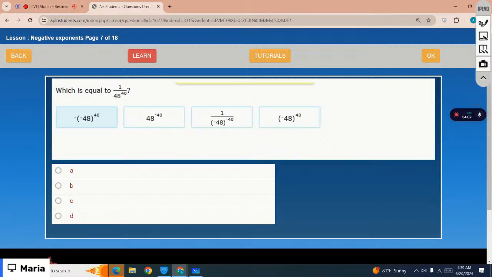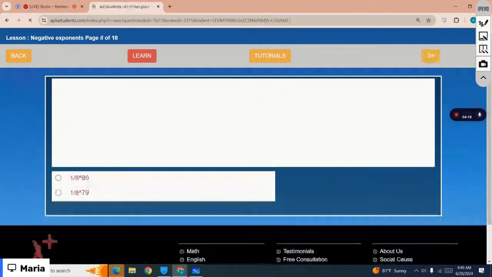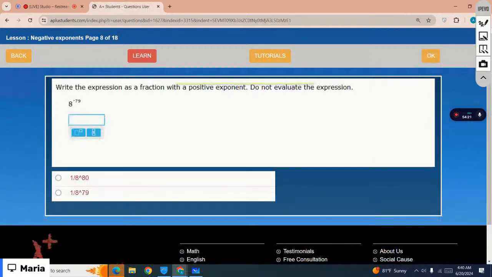The correct option is option B. Got it? Write the expression as a fraction with a positive exponent. So which is the correct option? Yes, that's the second one.